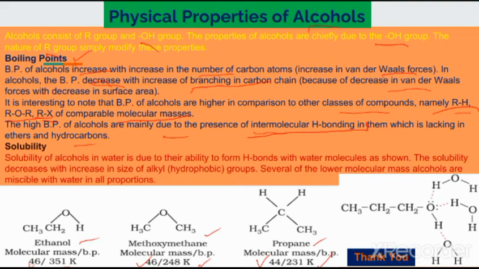So these are the boiling points of an alcohol, an ether and a hydrocarbon. Among these, ethanol has the highest boiling point, around 100 Kelvin difference.